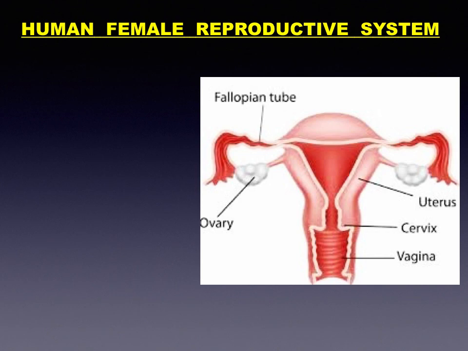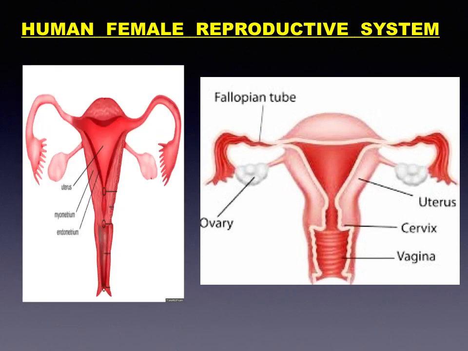The free end of the oviduct is funnel-like, so an opening is present at the center of it. The oocyte enters the oviduct through that opening. Cilia are present on the inner surface of the oviduct, and these cilia push the oocyte towards the uterus. So you can see the different parts of the human female reproductive system.